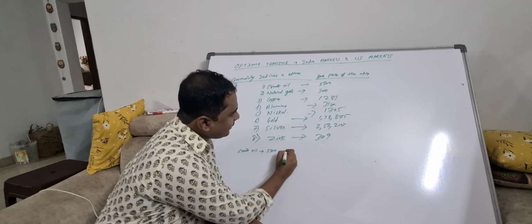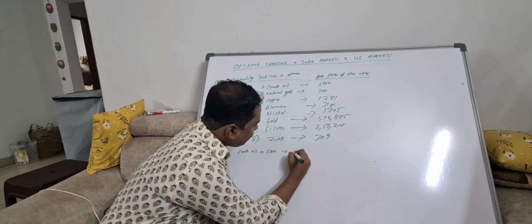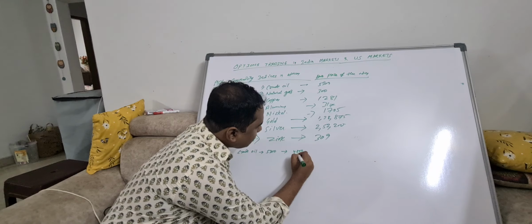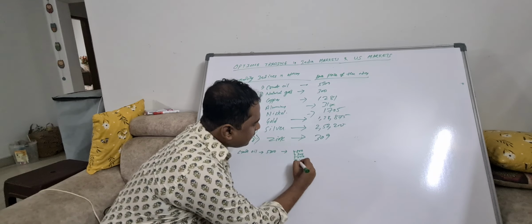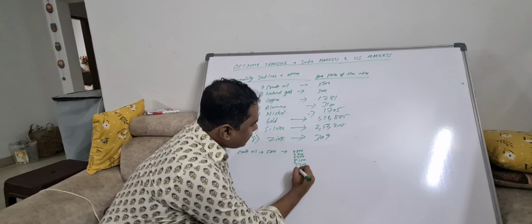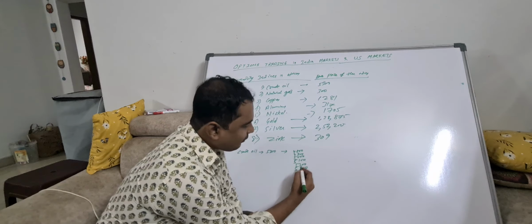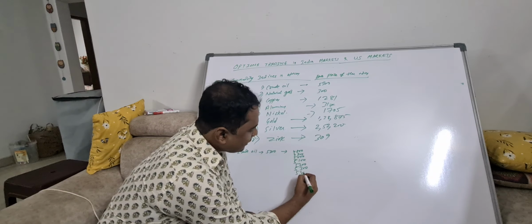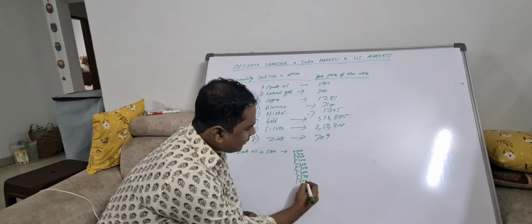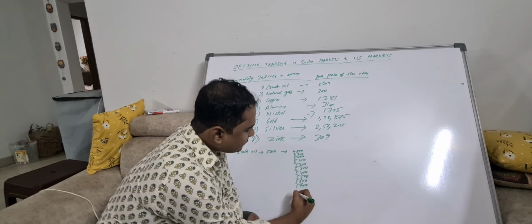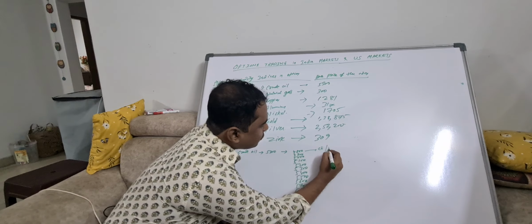You will get 5 points down, 5 points up, like 4,800, 4,900, 5,000, 5,100, 5,200, 5,300, 5,400, 5,500, 5,600, 5,700, 5,800. So each of these will have one call and put.